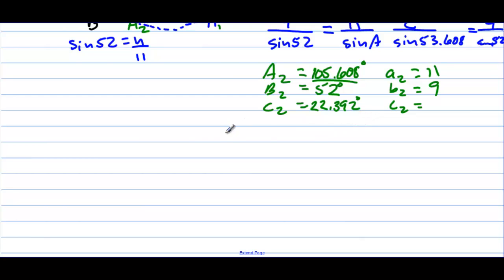That's not too big of a deal to finish this out. So we have C over the sine of 22.392 equals 9 over the sine of 52. So we have 9 times sine of 22.392 divided by sine of 52. So this is 4.351.